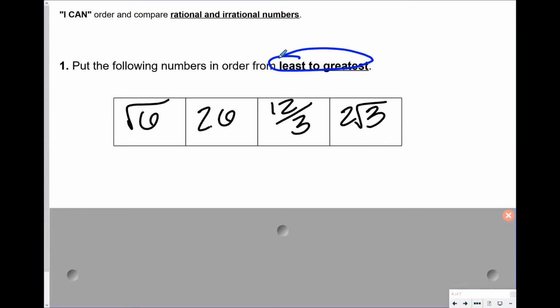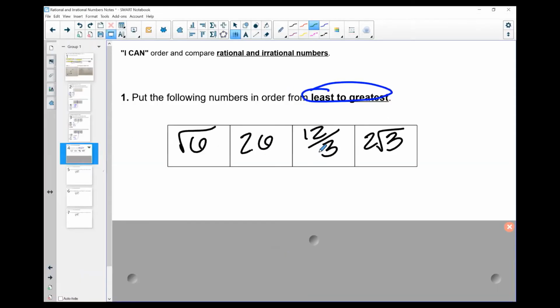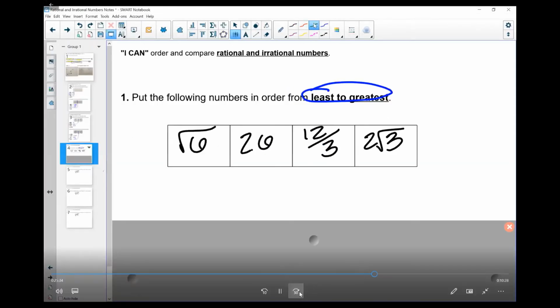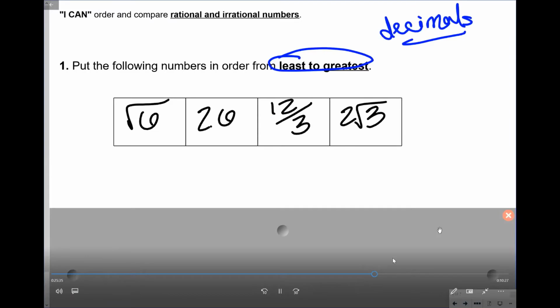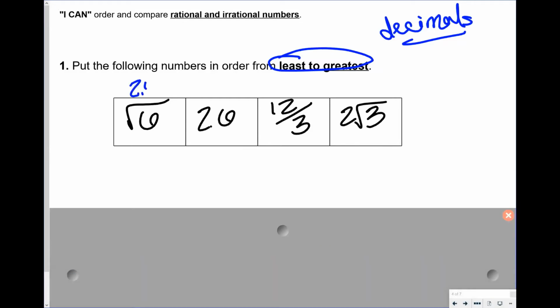To greatest, and it still gives me a clue. The square root of 6, what does it give us in decimals? 2.4. 2.6, it already is a decimal. 12 over 3 just gives us 4, because 4 times 3 is 12.